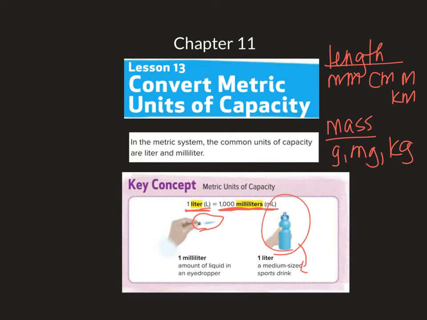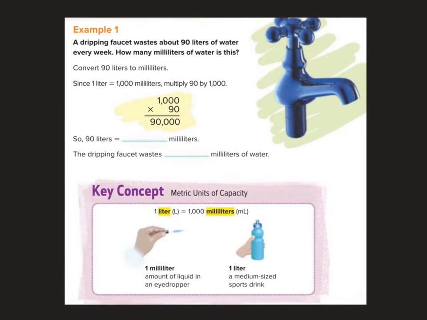So let's get started. Our first example: a dripping faucet wastes about 90 liters of water every week. How many milliliters of water is this? So we're going to convert 90 liters to milliliters. This is how I always like to think about it. 1 liter is 1,000 milliliters. So 90 liters would be 90,000 milliliters.